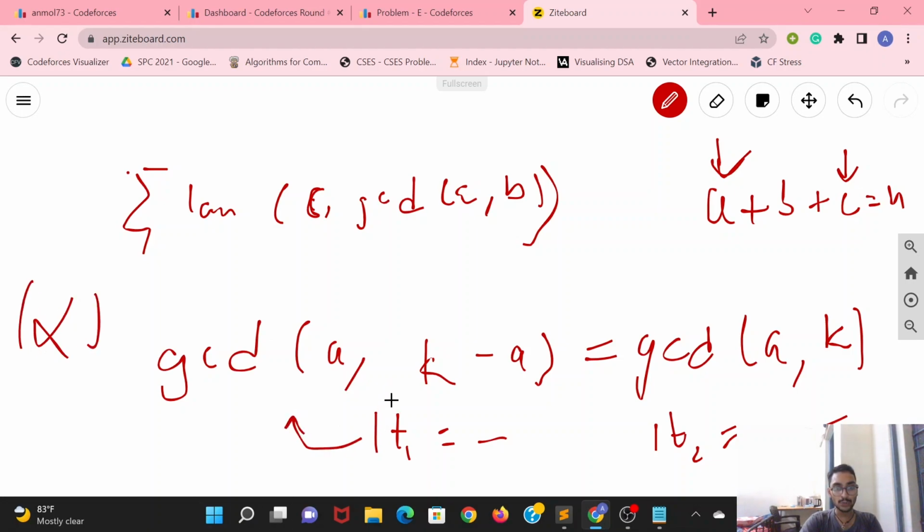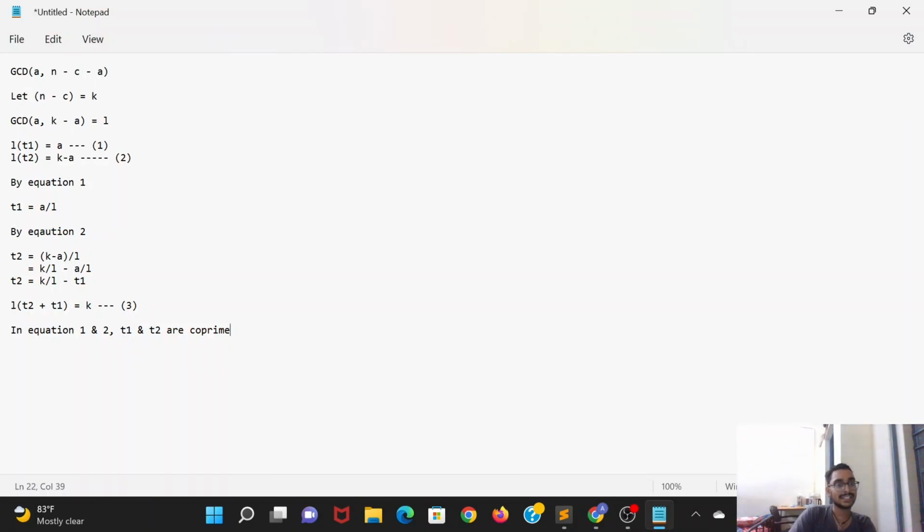So my new L dash is L into alpha. That is contradicting because L is the GCD, the greatest common divisor, and we are getting L dash greater than L. So by that, T1 and T2 must be co-prime. Else we'll get that L is not the GCD.